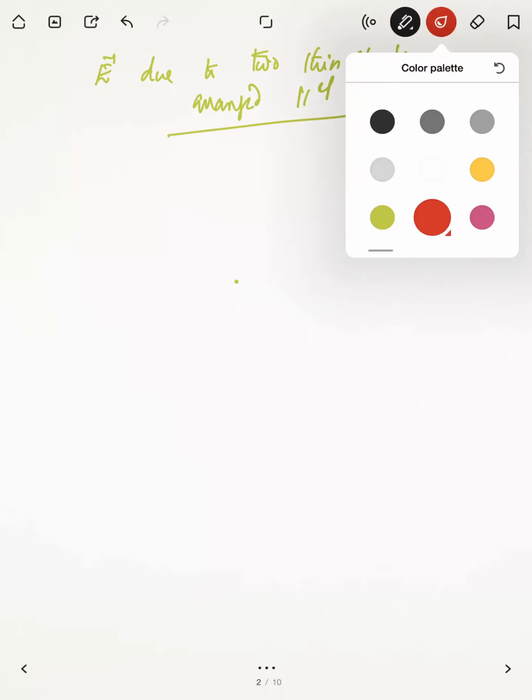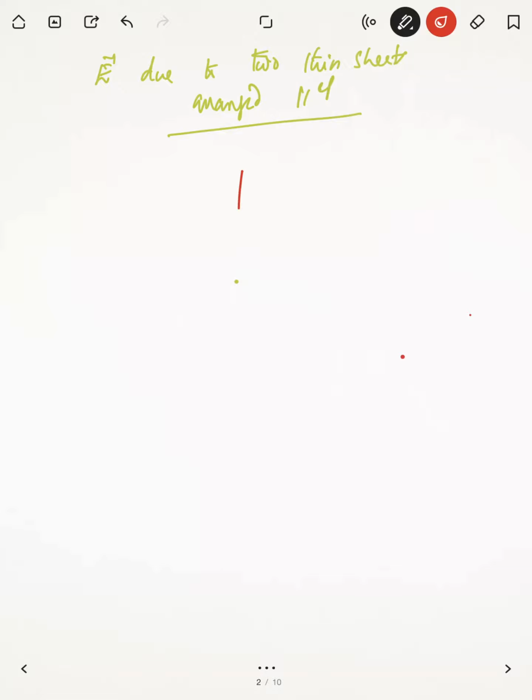So, the electric field due to two thin sheets arranged parallel. The first sheet is here.